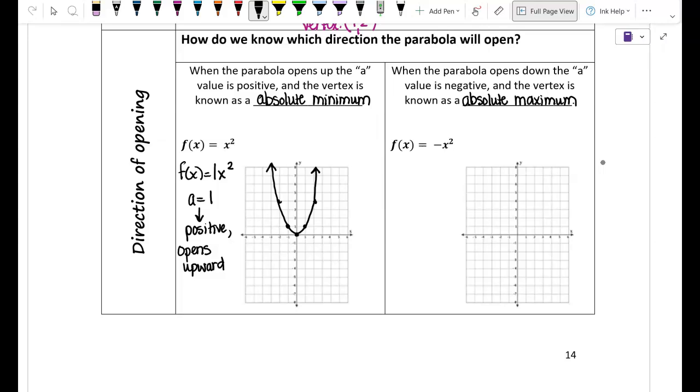And then the next one, f of x equals negative x squared. This is the same thing as saying f of x equals negative 1x squared. So in this case, a equals negative 1. So a is negative, which means this is going to open downward.